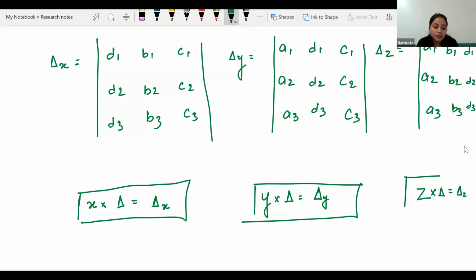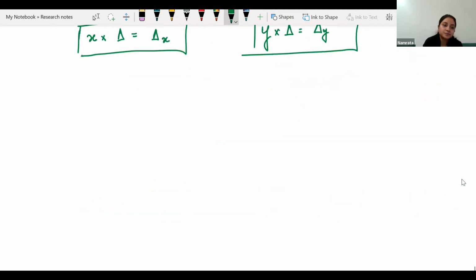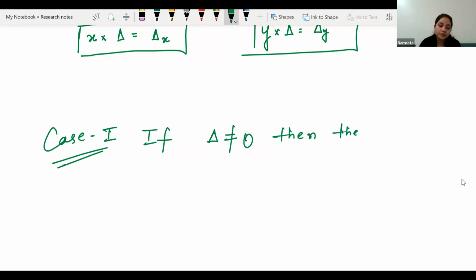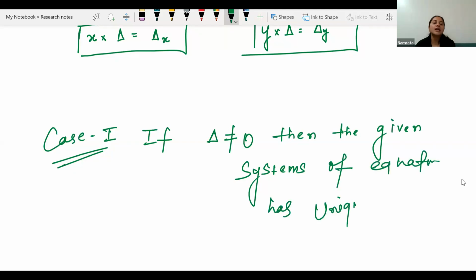Now a few conditions are also given. Case 1: if delta is not 0, the given system of equations has a unique solution.